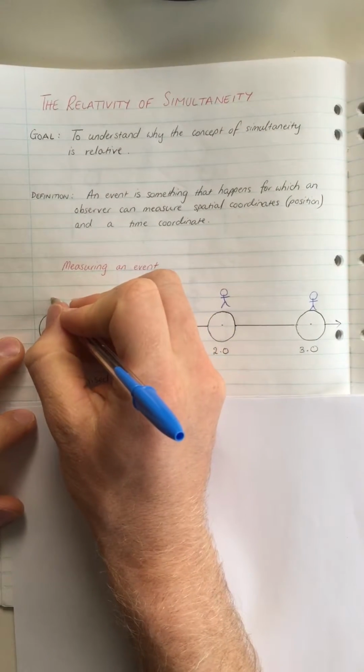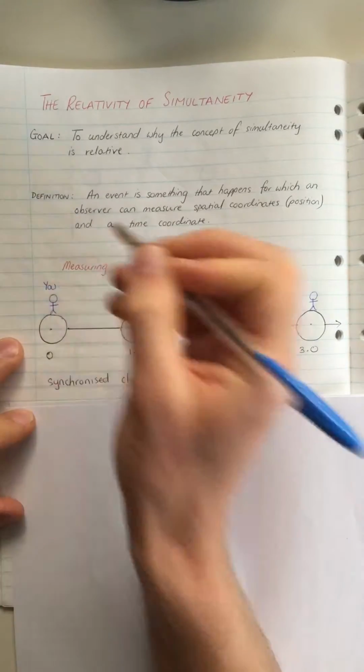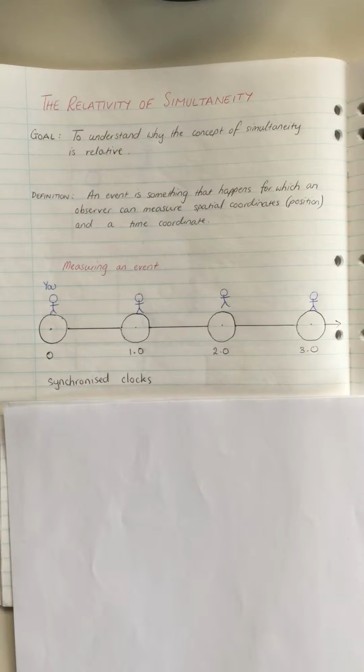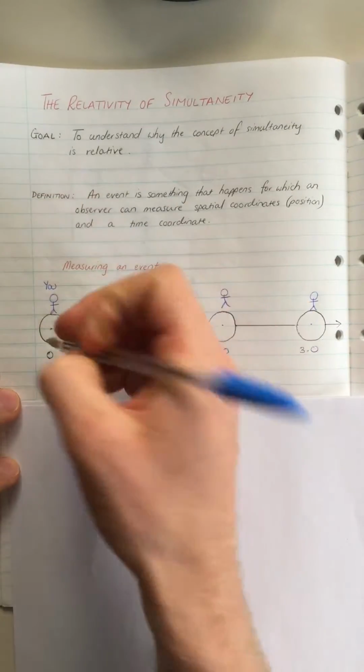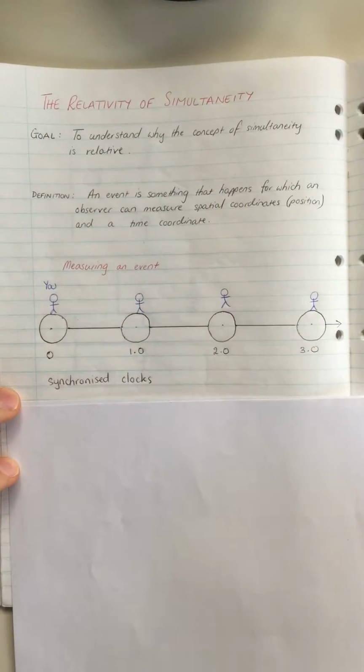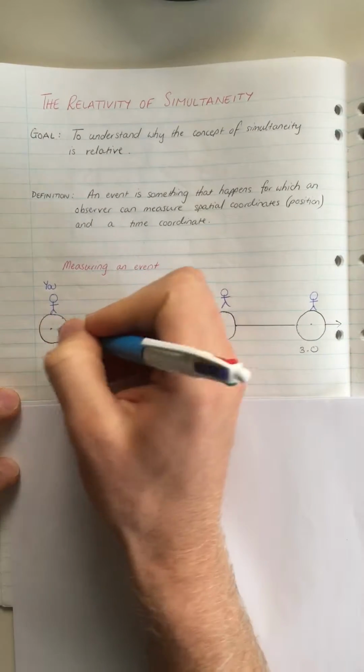Here you are, you're in command, and you're going to be telling all these people when they need to set it. You set the clock at 0, so your hand is reading 0, although I'm not going to draw this as an analog clock because it's just going to be annoying if I do.